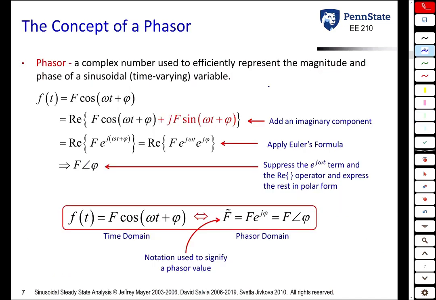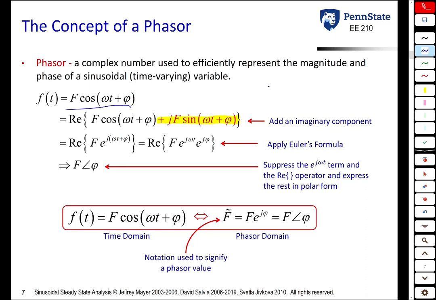On the previous page, we introduced the concept of phasors, where you use complex numbers as a shorthand notation for keeping track of the magnitude and phase of a sinusoidal signal. Let's develop this formally on this page and then look at some of the properties of phasors to see why they're actually useful. So we have a function, f of t, equal to F cosine omega t plus phi. The way we develop the phasor is we start by adding an imaginary component, j F sine omega t plus phi.